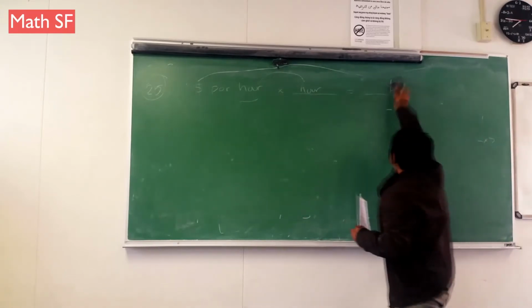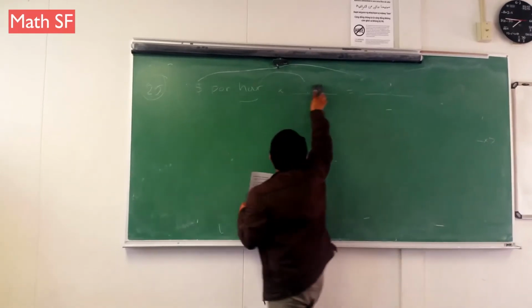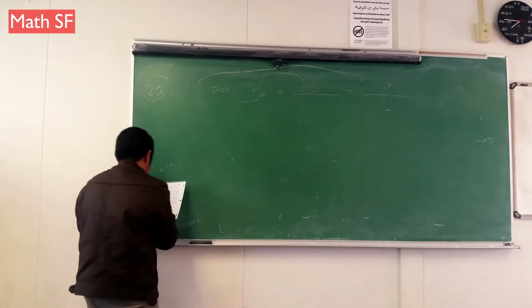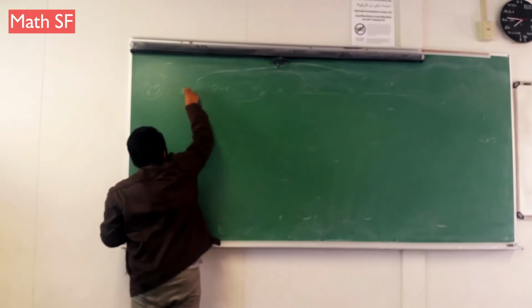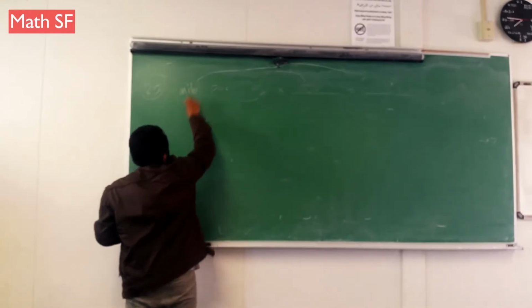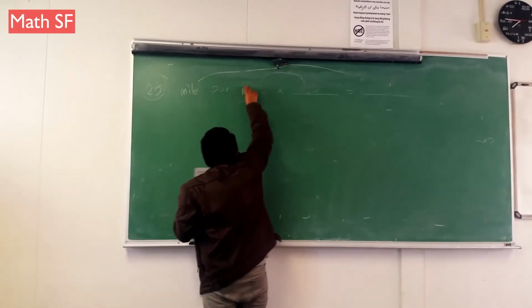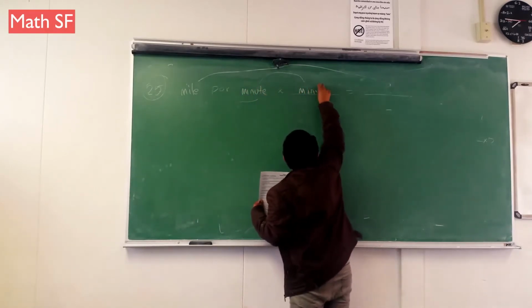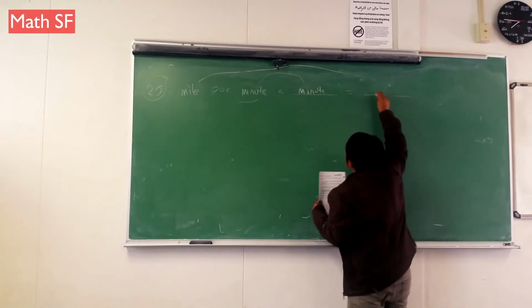I'm going to erase this part here from the rainbow method, because that will help you to get the rate. It says mile per minute, or miles per minute, it's up to you. So we write miles per minute. Well, we must multiply it by some minutes to get miles.